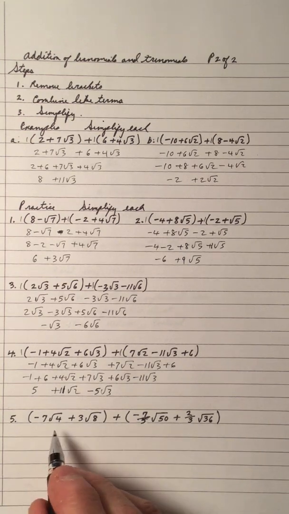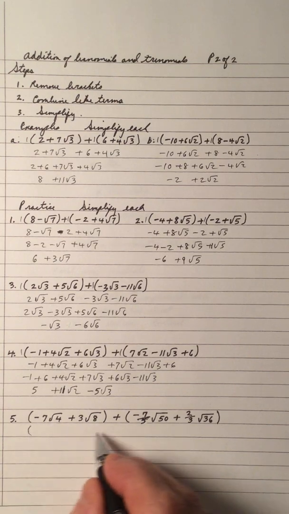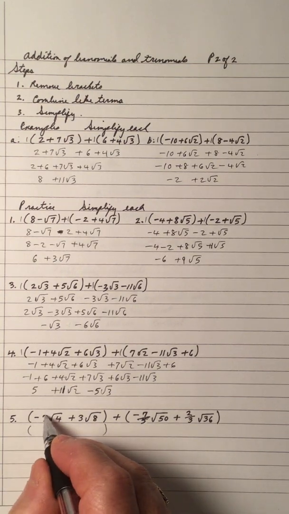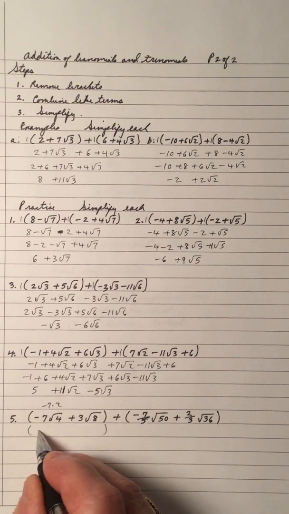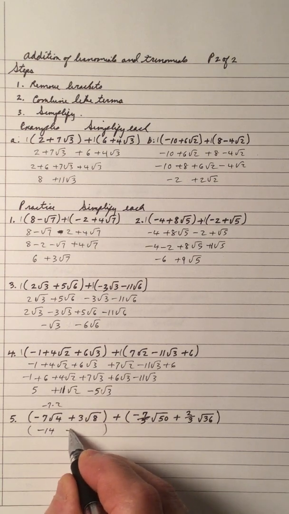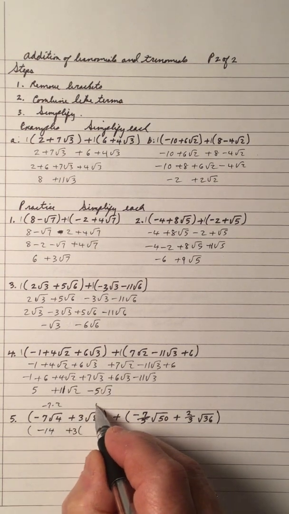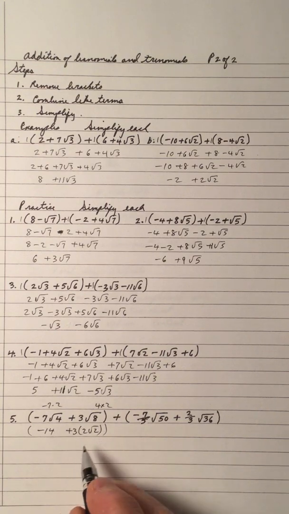But notice that with this one, we always simplify the inside of the roots before we do anything. So negative 7, and the square root of 4 is 2, so that's negative 14. That one is done. We have a 3. Root 8 is 4 times 2, so that's 2 root 2.